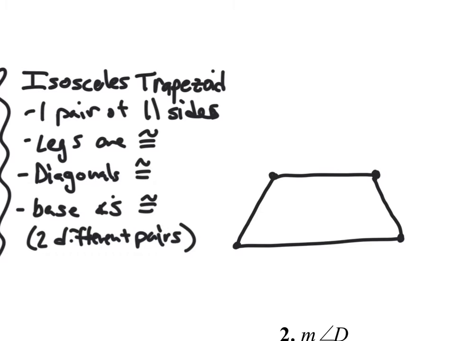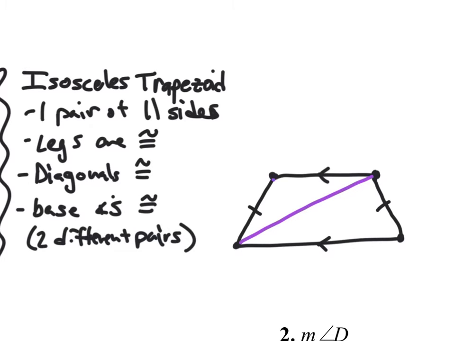I know it's a trapezoid if I've got one pair of parallel sides, so I would label these as parallel. And then I know that my legs are congruent, so I'm going to put congruent symbols on my legs. I know that my diagonals are congruent, so I'm going to draw in my diagonals.